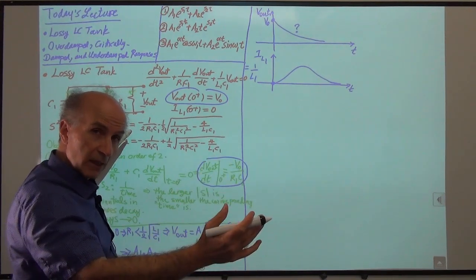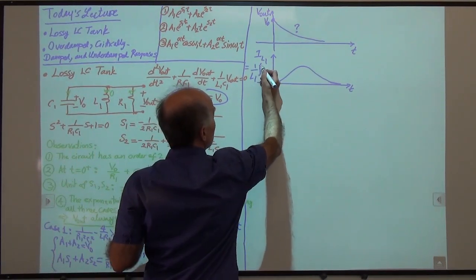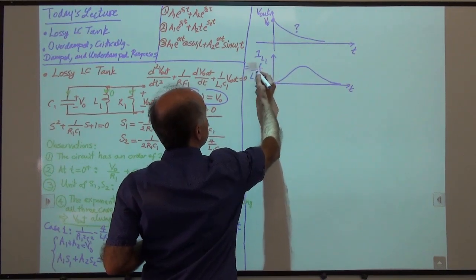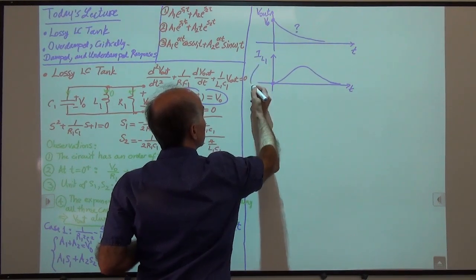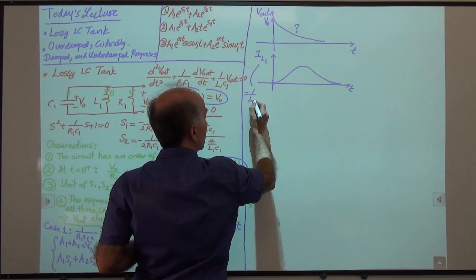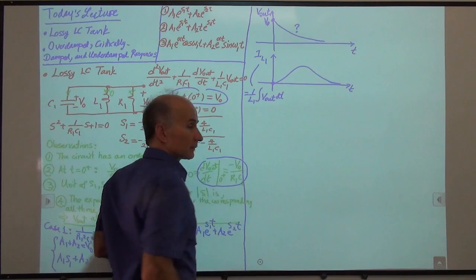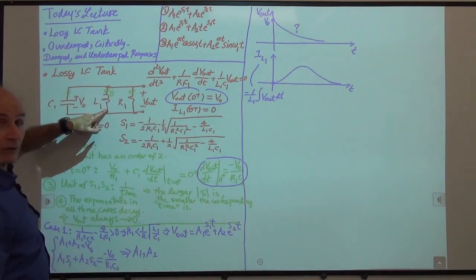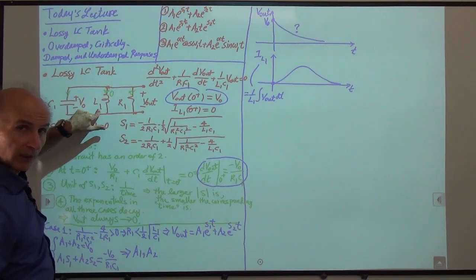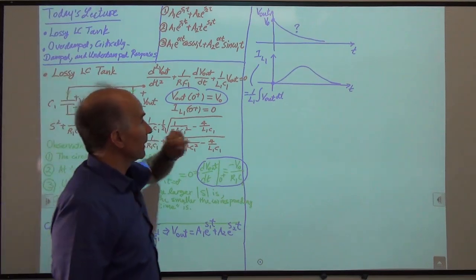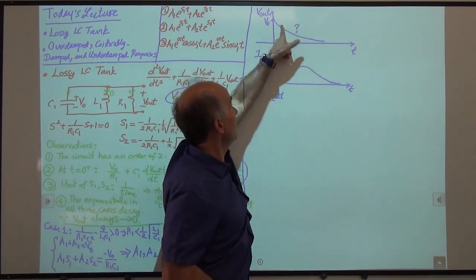So the current is the integral of V divided by L. It's 1 over L1 times the integral of V out dt. You want the current through an inductor, so we take the voltage, integrate it with respect to time, and divide by L1.